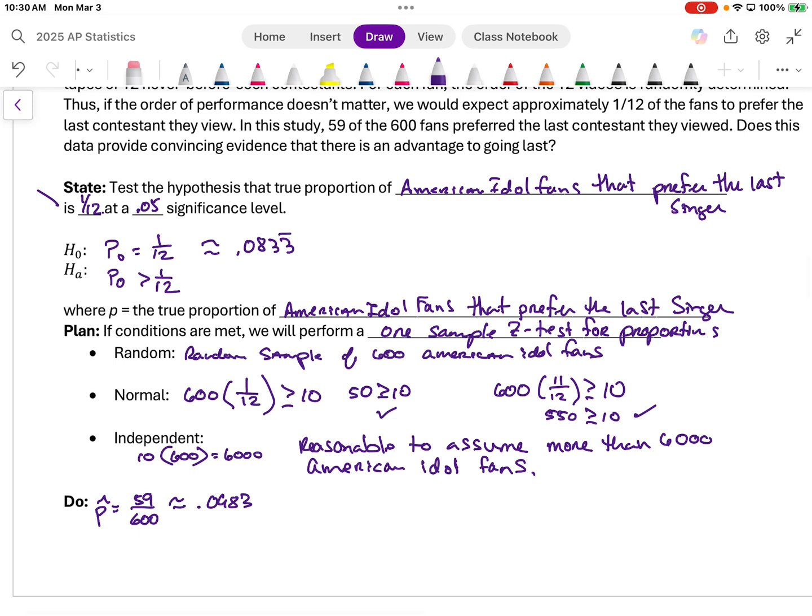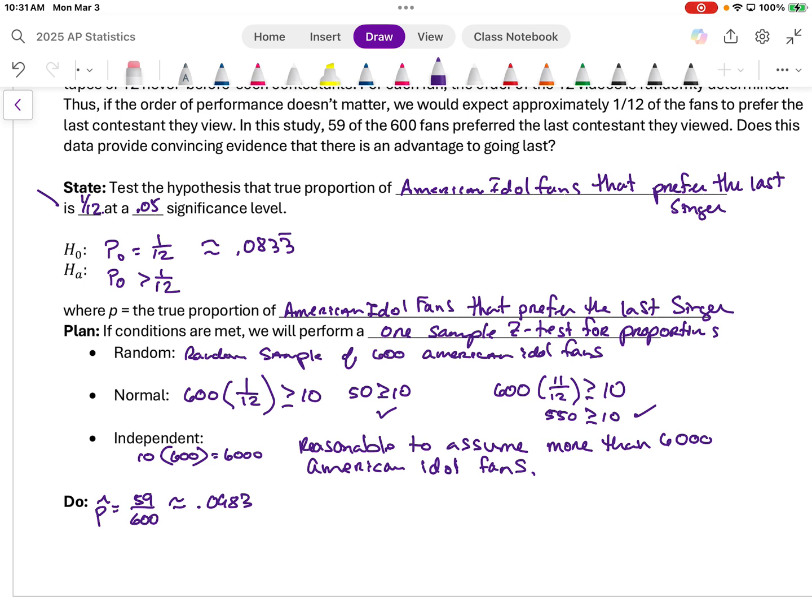Is that greater than our null hypothesis value? Yes, so I have some evidence in my sample that it is greater than 1/12, and we keep going. If it was less than 0.0833, we would stop and say we fail to reject.